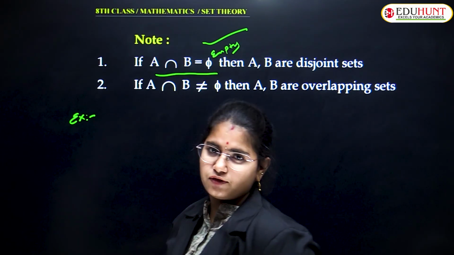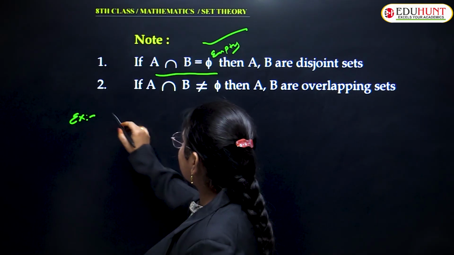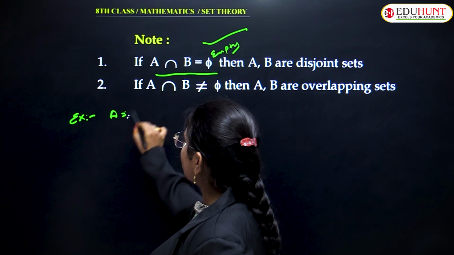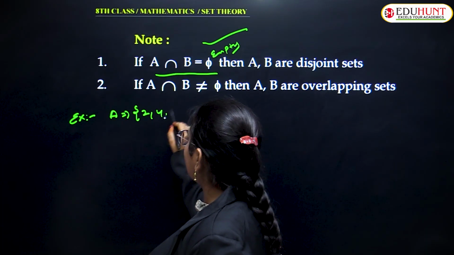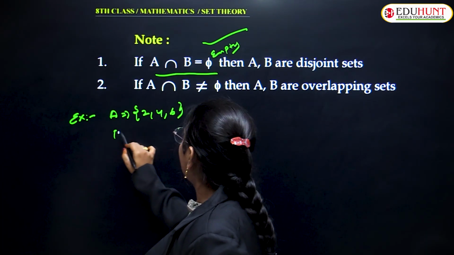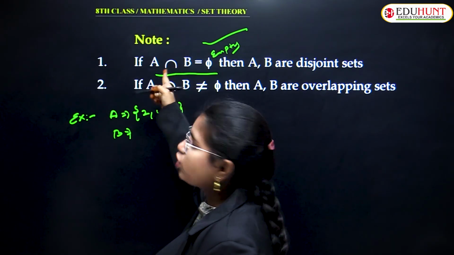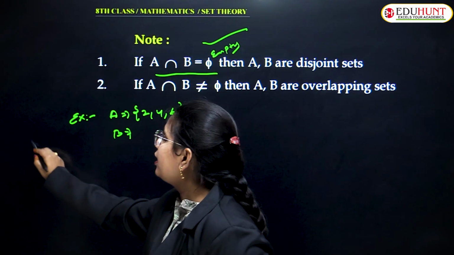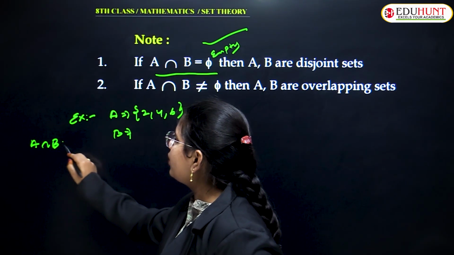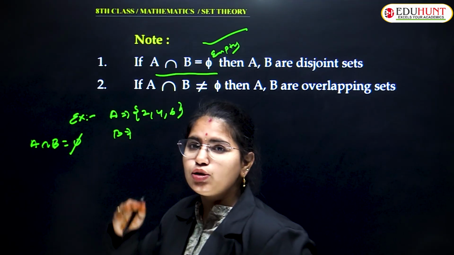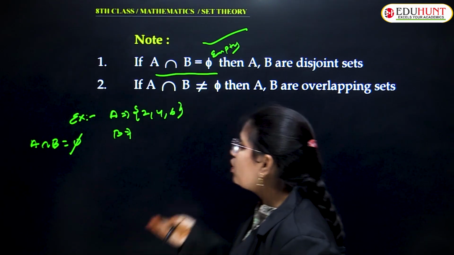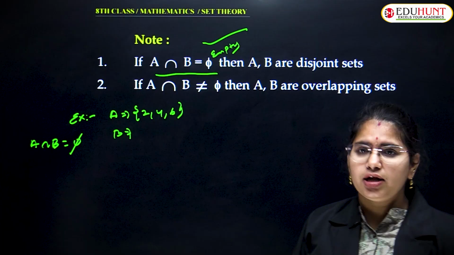Okay, first for the first note, let me take A is equal to {2, 4, 6}. Okay, B is equal to, you don't find any common element, right? Because A intersection B is equal to empty. So I need to consider such type of sets where you do not find any common element, right?